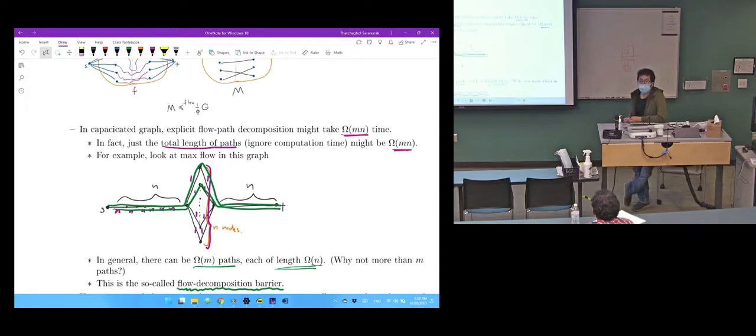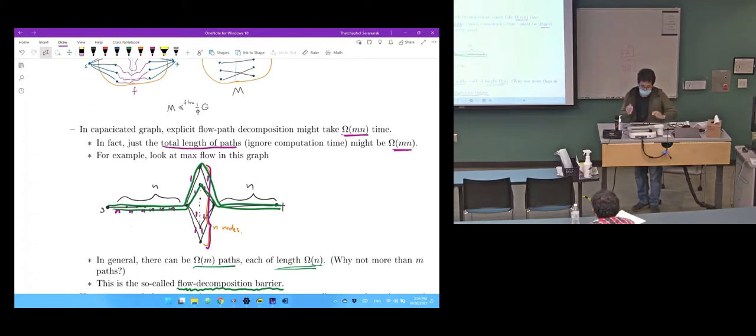We only need the start point and the end point. We don't need to output the paths explicitly. What we really want is just a matching, which means just the endpoints of each path.